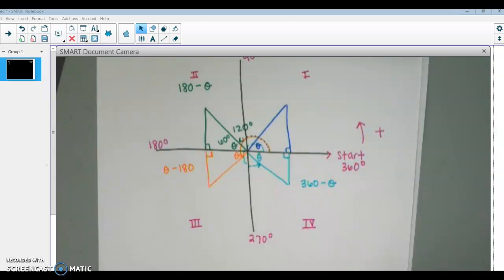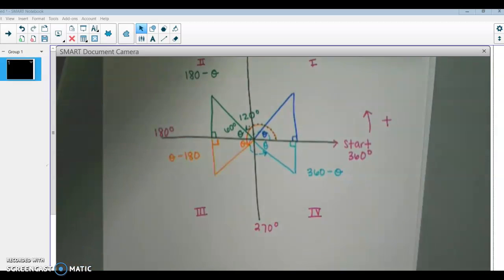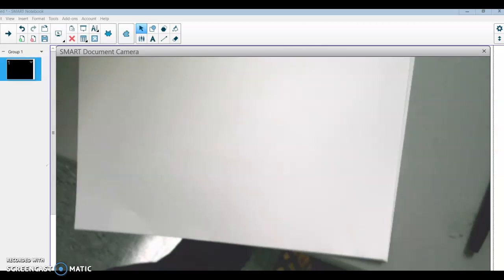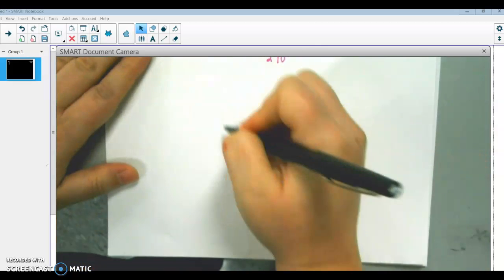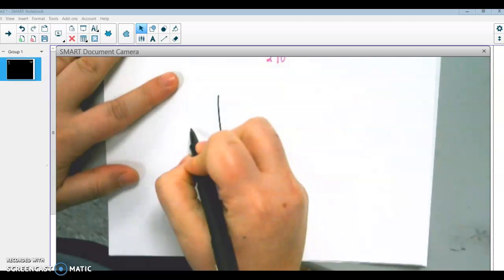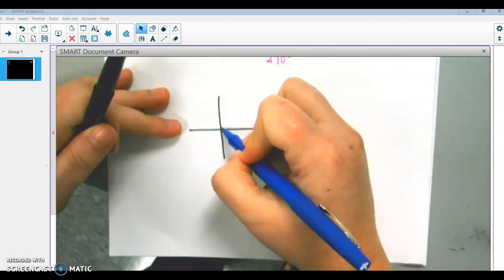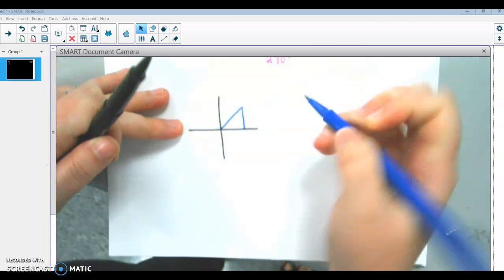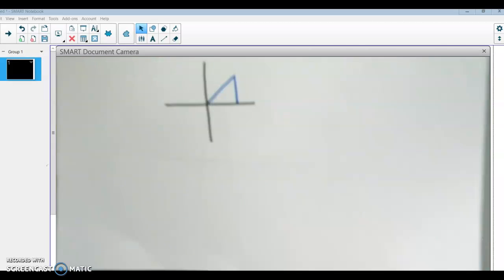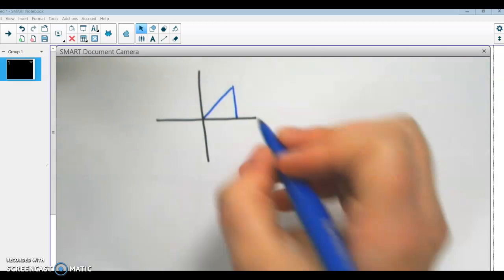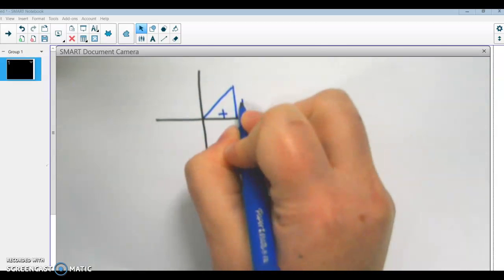All right, so a couple of other things to remember with these triangles. I'm just going to draw them again. In the first quadrant, everything is positive.